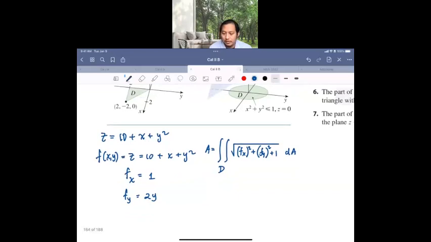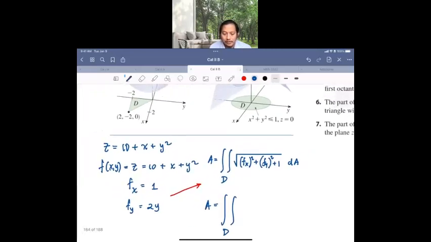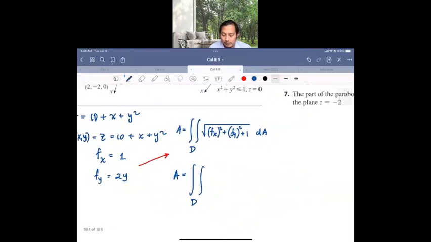Now let's put all this information into the surface area. Let's keep this D for a while, since we haven't yet looked up the region D. Partial x is 1, squared plus 1 is 2, partial y is 2y, squared is 4y squared, dA.